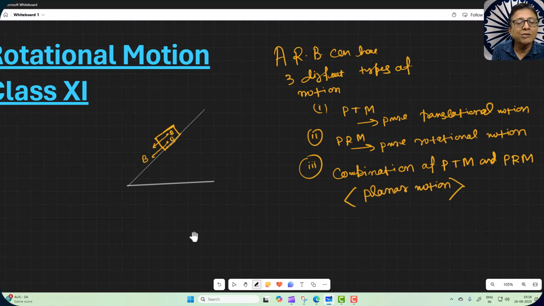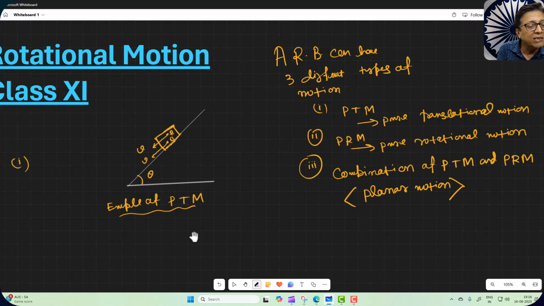This block is going down the inclined plane. These 2 points on this block are moving with the same velocity v. This is also v. This is an example of PTM, pure translational motion. What happens here?